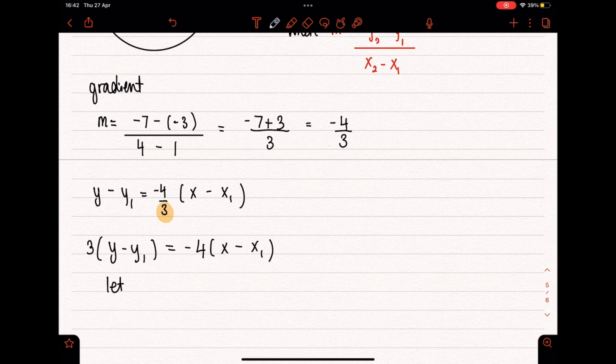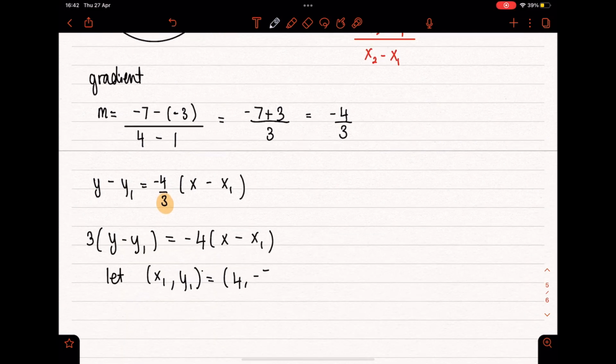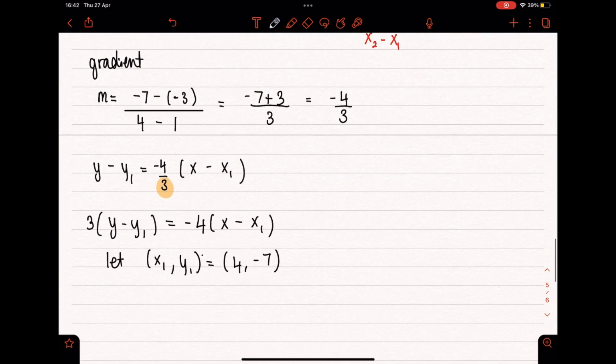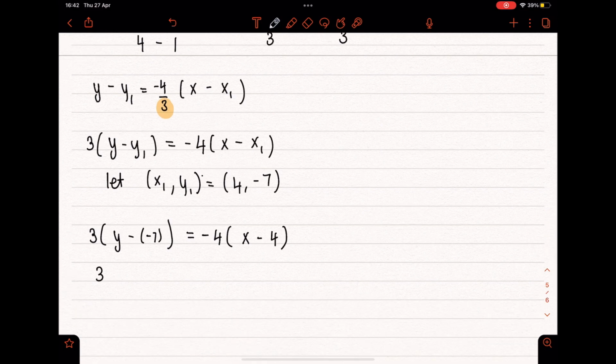So now we can use the coordinates of P, as the tangent line goes through point P, so we can use y1 and x1 from the coordinates of point P. So if we replace y1 with minus 7 and we substitute x1 as 4, now we have 3 all multiplied by (y plus 7) is equal to minus 4 all multiplied by (x minus 4).